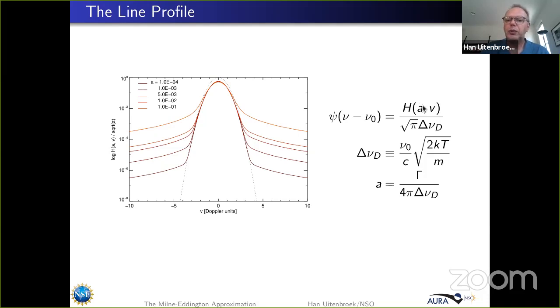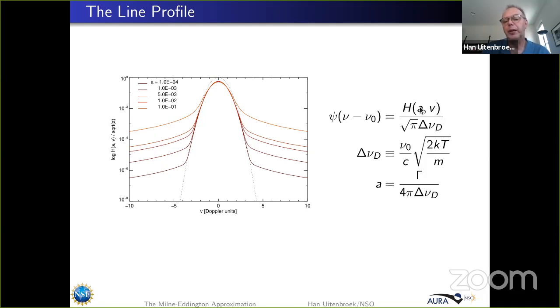So this Voigt function has two parameters, basically. It is this gamma that determines the damping coefficient, and it is the thermal broadening that determines the scale on how actual wavelength translates into unitless Doppler units in the Voigt profile.